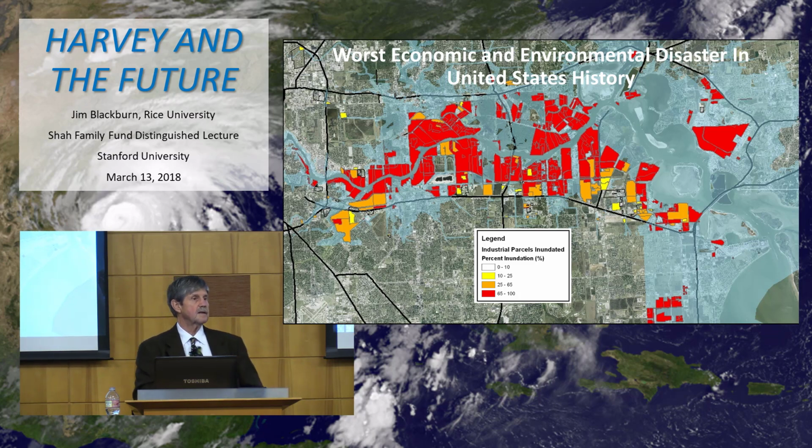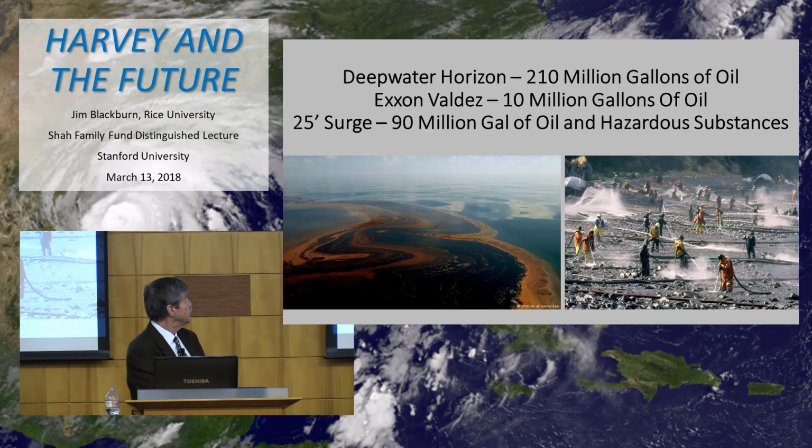She came up with the fact that with a 25-foot surge, about 2,200 of 4,400 storage tanks would be flooded. Of that, there would be a risk of failure of a certain percentage, which she calculated. And basically what she came up with is that with a 25-foot surge, we'd have about 90 million gallons of oil and hazardous substances released.